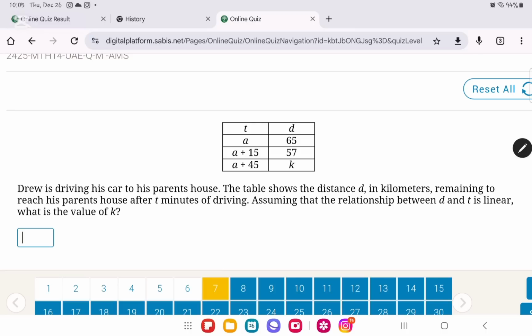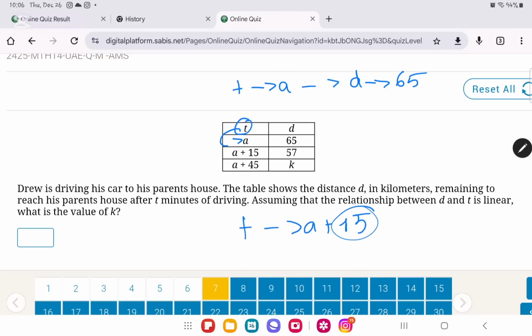So let's choose a different color. Let's say blue. They told us that at a time of A, we had a distance of 65. However, at a time of A plus 15, so in 15 minutes, what happened?